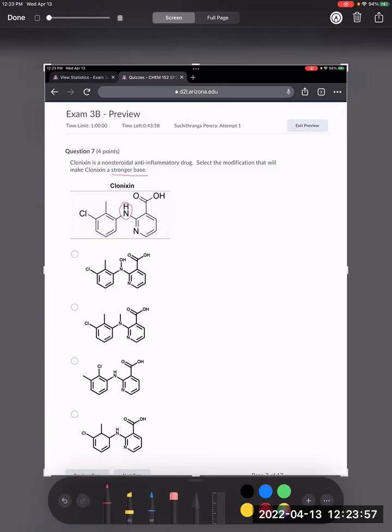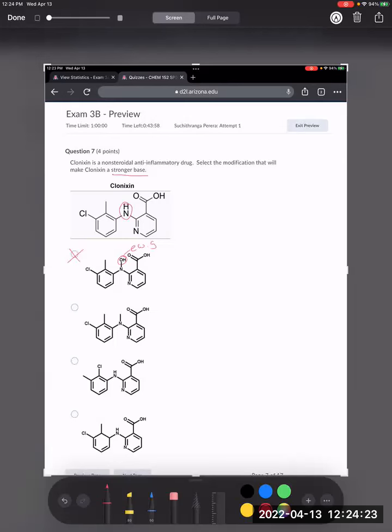When you change the neighbor to a more electron withdrawing one, electron withdrawing neighbors stabilize the base, making the lone pair less available to grab a proton. So it's going to make it a weaker base. So this is out.